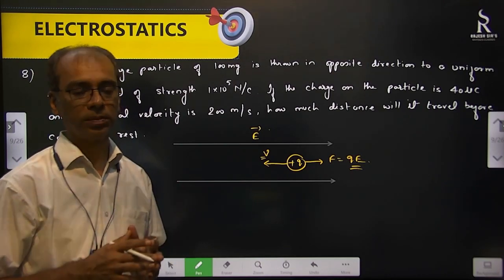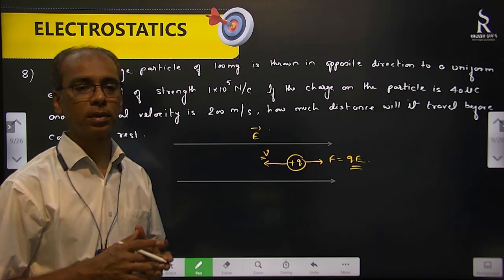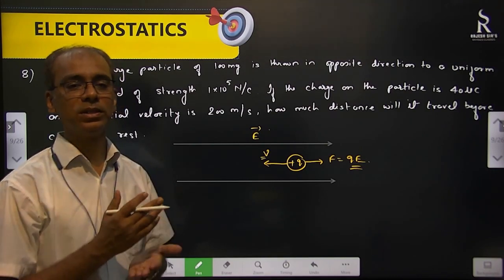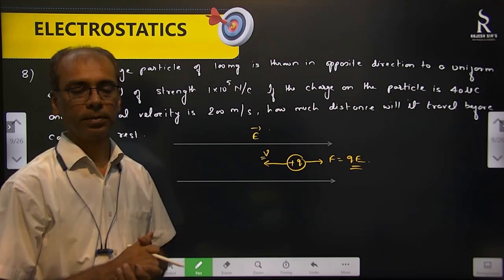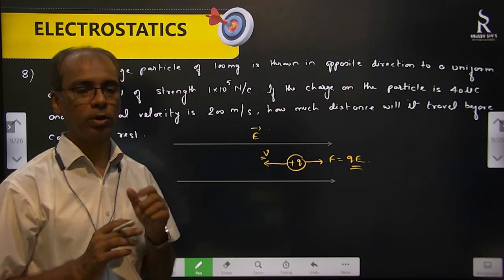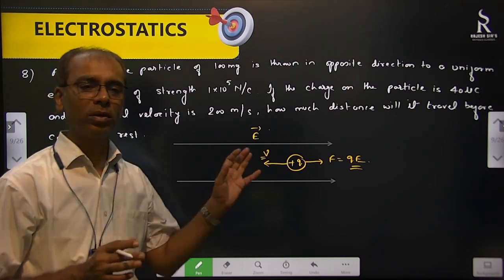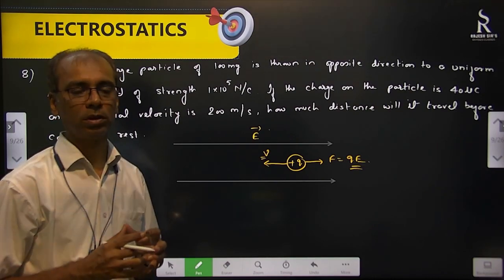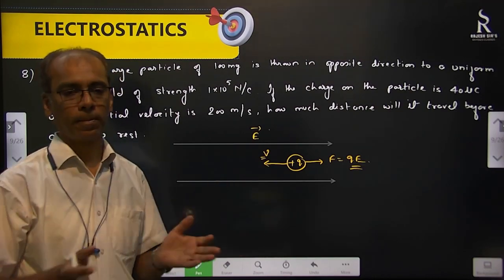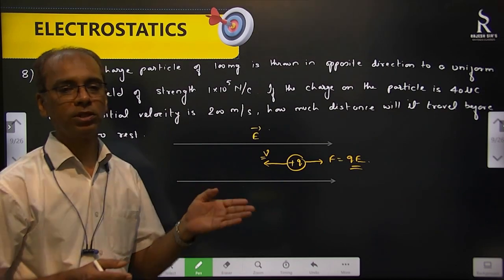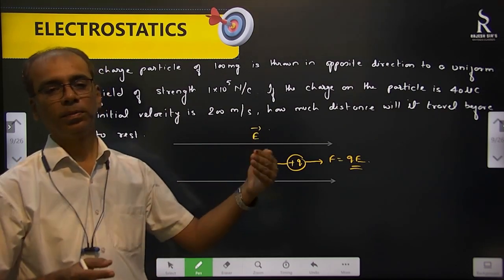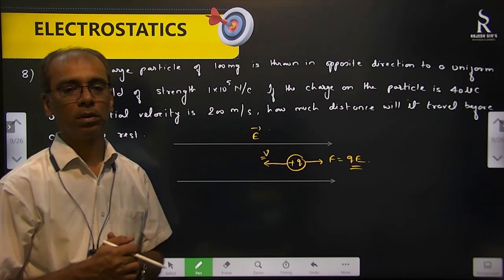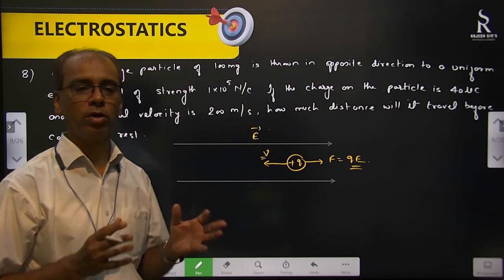From that, a concept comes out which says that work done by any force is equal to change in kinetic energy of the object. This is point one. Second one, because this force is electrostatic force, a conservative force, so we can conserve energy. Initially, potential plus kinetic equals final potential plus kinetic. That we can do. But in this question, I will not do that.